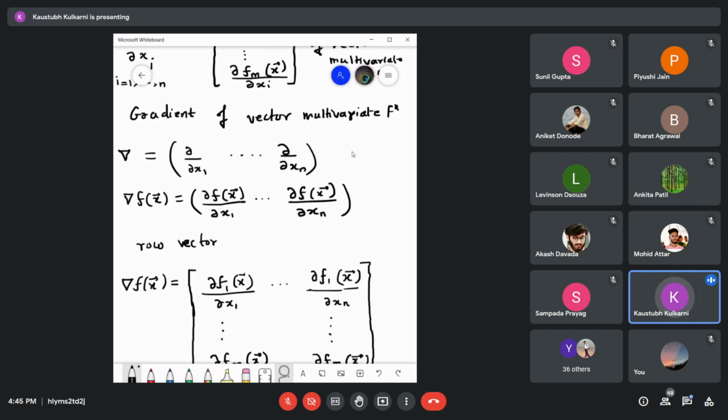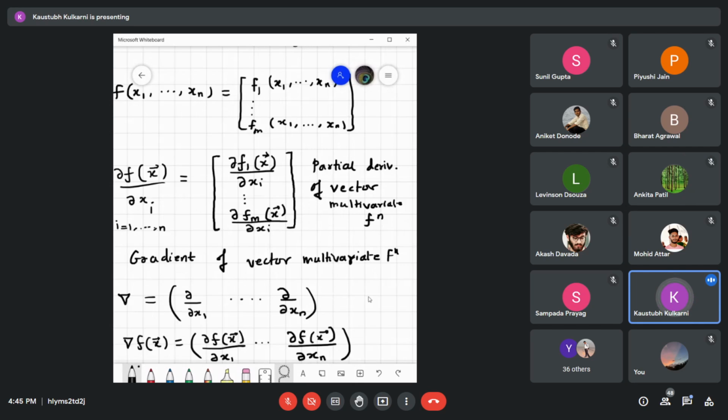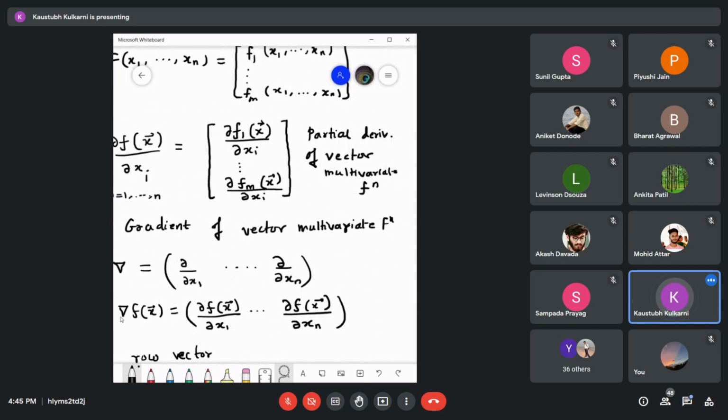But if I substitute this formula, each component of the gradient is a partial derivative, and this column vector is the formula for the partial derivative dou f with respect to dou x1.